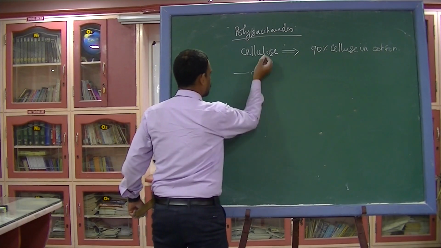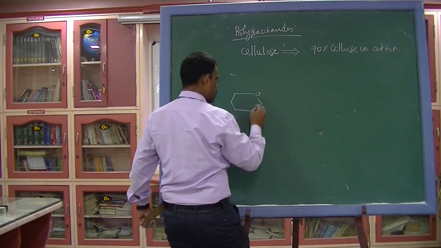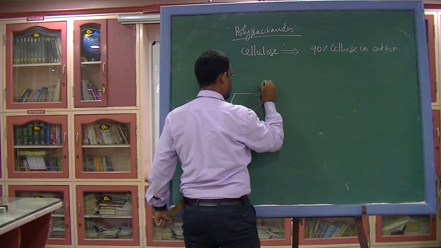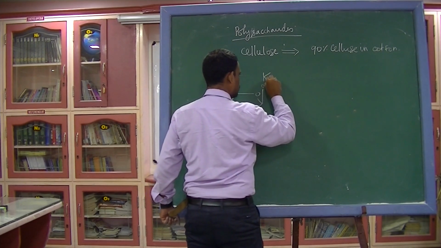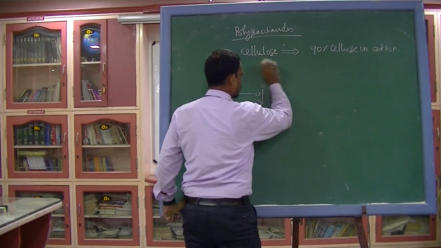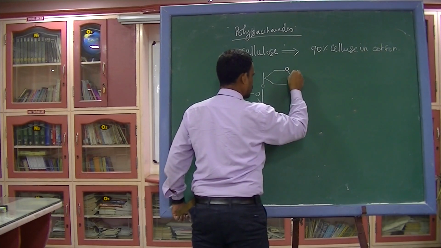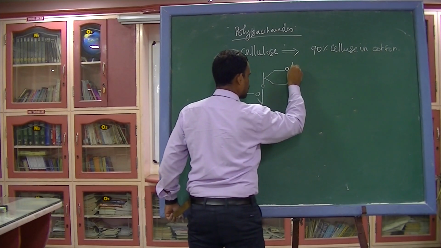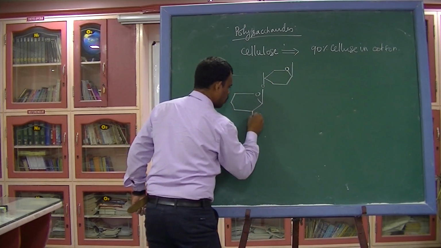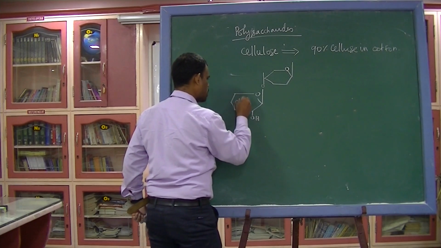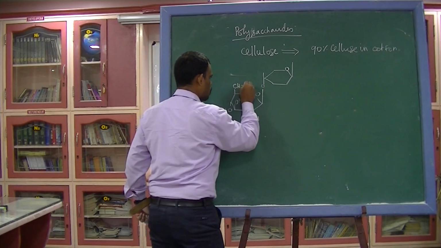This is the structure of cellulose. It goes like this. Again, this unit has OH and this is OH and this is OH and CH2OH.